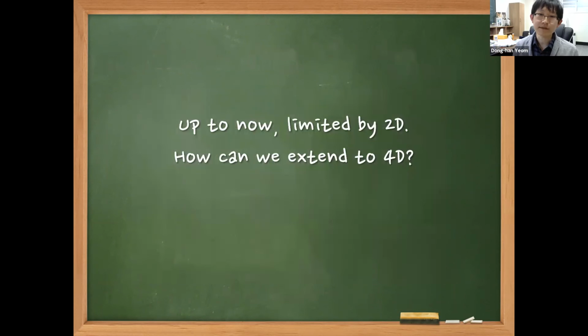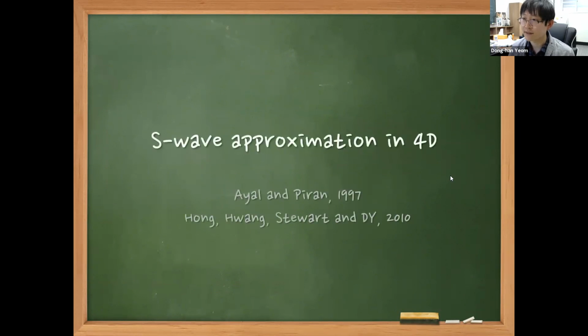Okay. Due to the time limitation, I need to very briefly review the 4-dimensional case. Up to now, it's been limited to 2 dimensions, but how can you extend to the 4-dimensional case? To my knowledge, the first 4-dimensional application of this S-wave approximation was done by Ayal and Piran in 1997, and I myself also did the same thing.